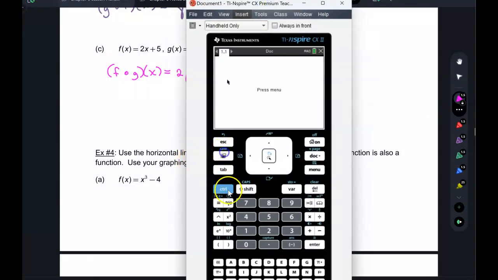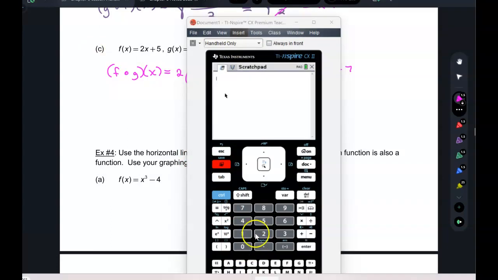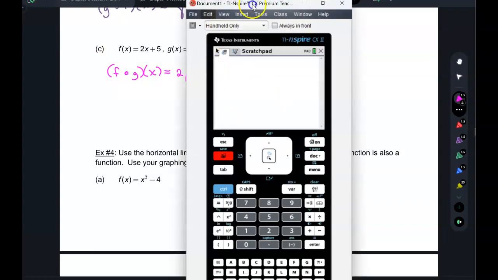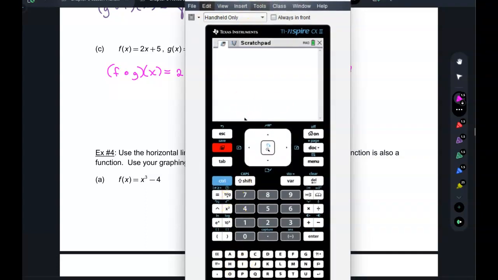Wow, we still have like 40 minutes. How do you know if it passes? You literally just look at it.